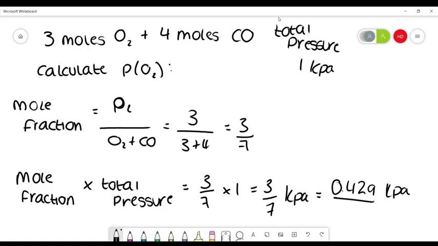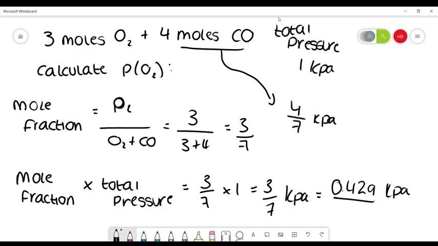That would be the way to calculate partial pressure of anything in a mixture. Do you want to calculate the partial pressure of CO? Have a go. Pause the video. Yeah, so that's going to be 4/7.